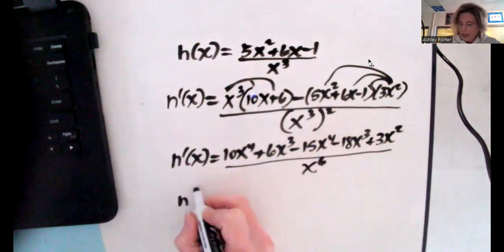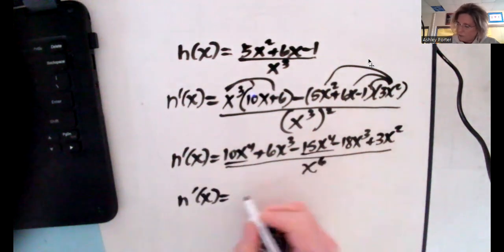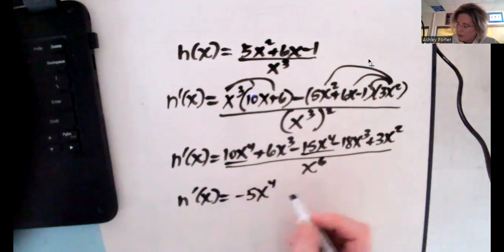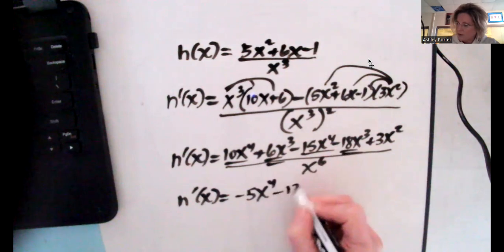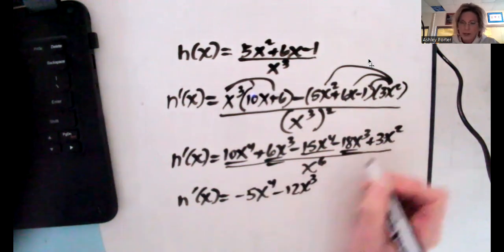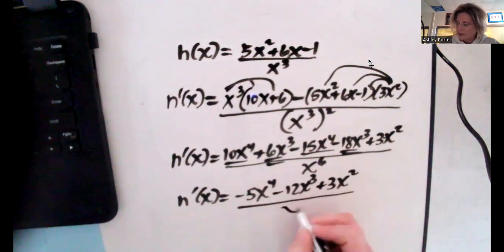All right, so h prime of x equals, let's see, it looks like I've got negative 5x to the fourth, 6x cubed minus 18x cubed is minus 12x cubed plus 3x squared all over x to the sixth.